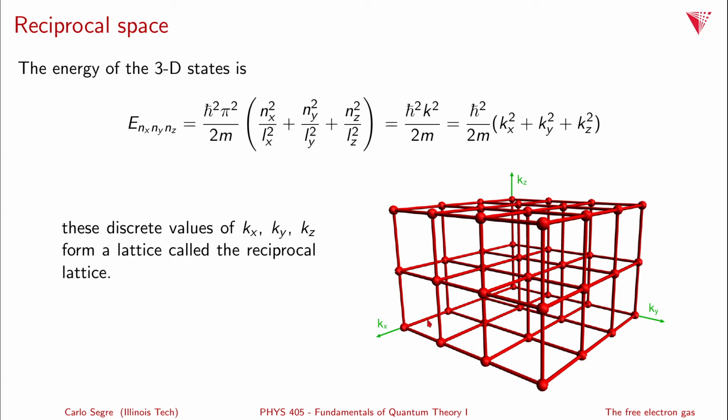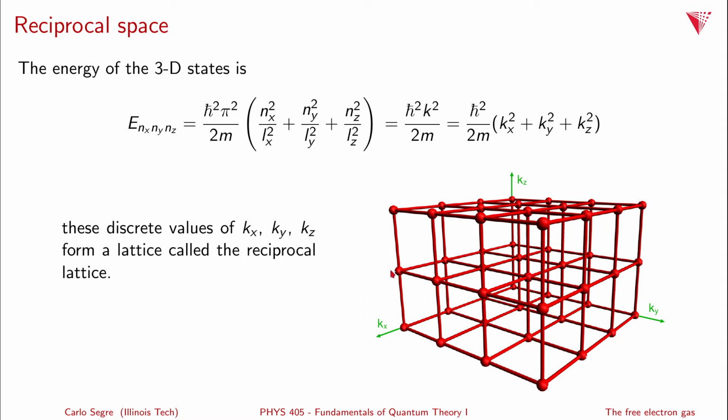So you have kx in this direction, kz in this direction, ky in this direction. And then at each lattice point, kx is equal to some value that depends on the integer n sub x and pi.